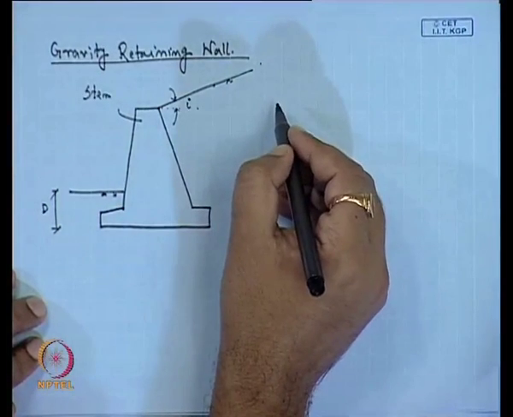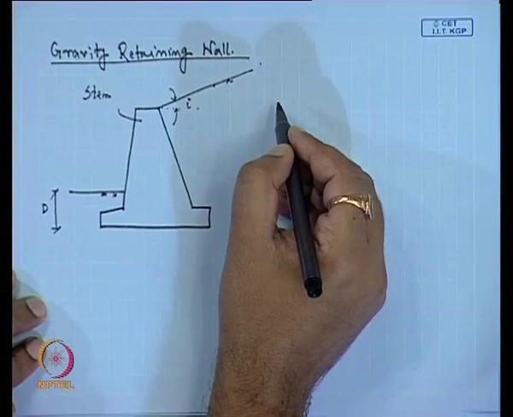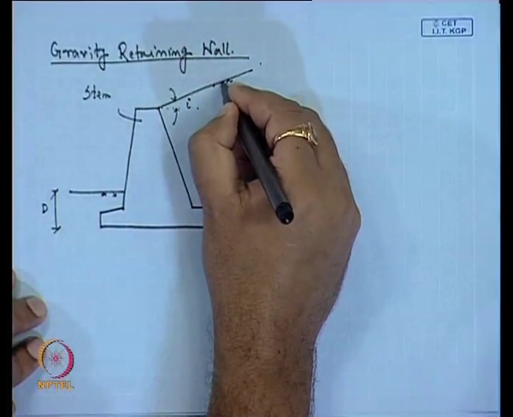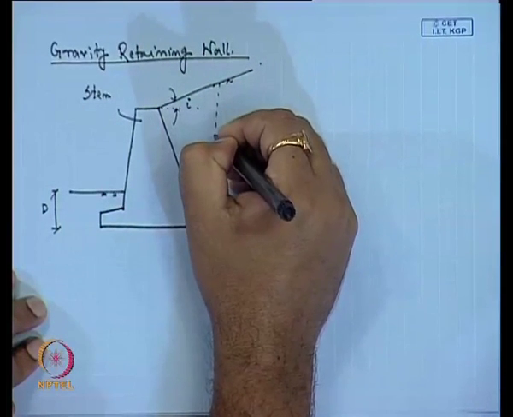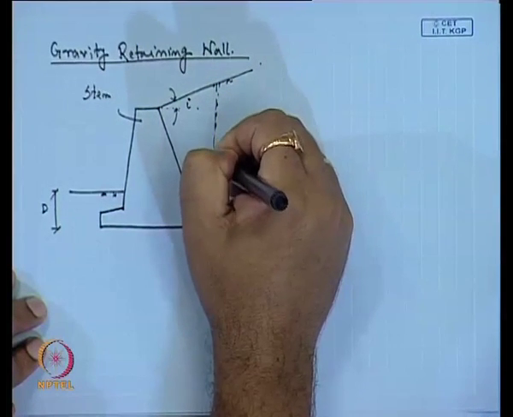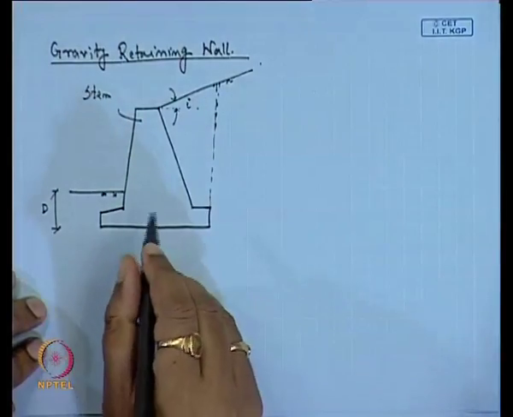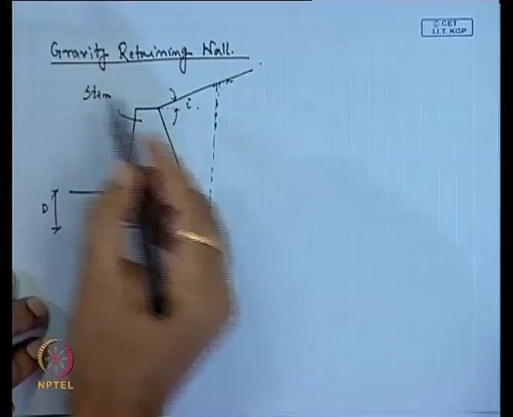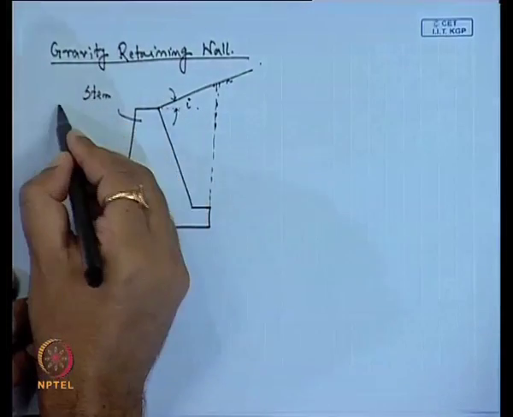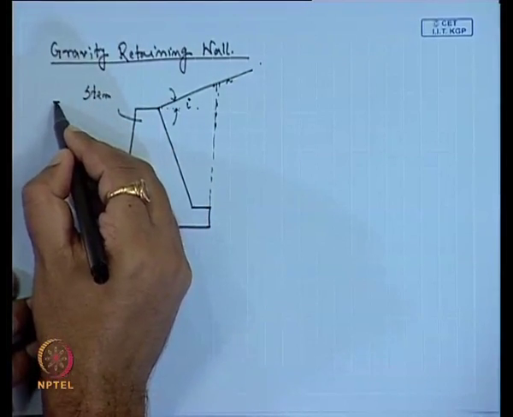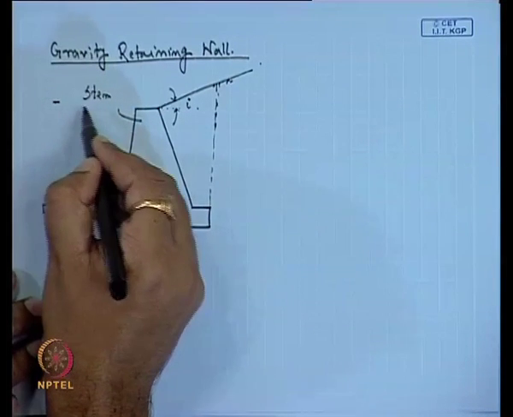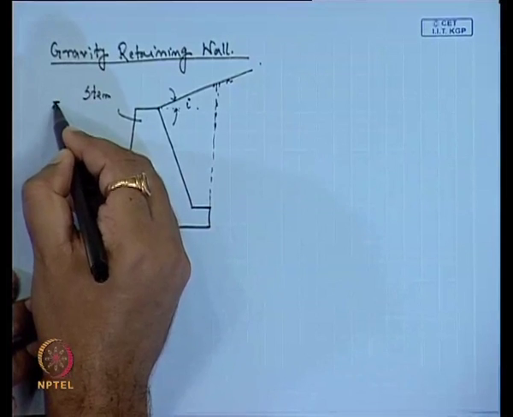If I consider the vertical line along this face, then this is the height of the retaining wall, say h.